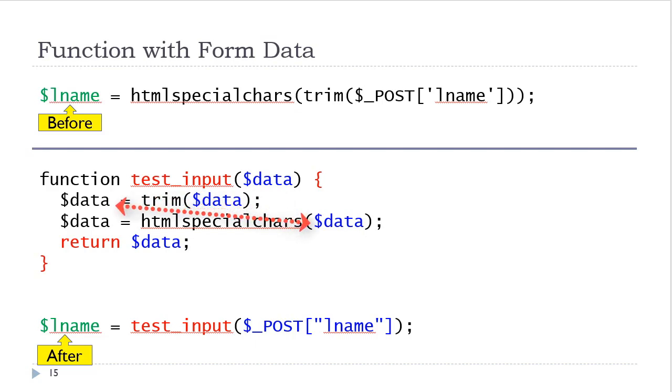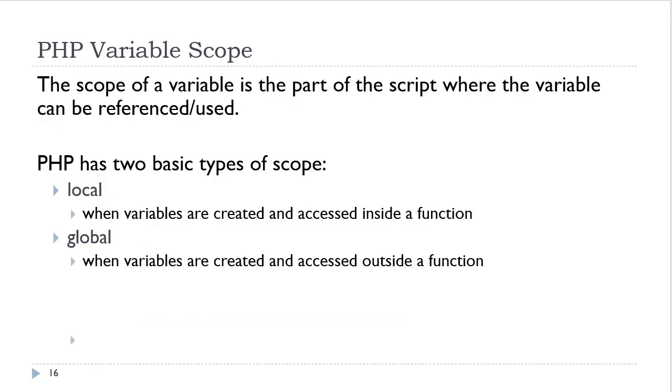Then we will execute the htmlspecialchars function on that variable, store the value back into that variable, and return the new value of that variable. Here is the function call, the name of the function, and the variable that will be passed into it, $_POST, and then the name of the form element. This is much easier to write than the above. So this is a very useful example of using a function.